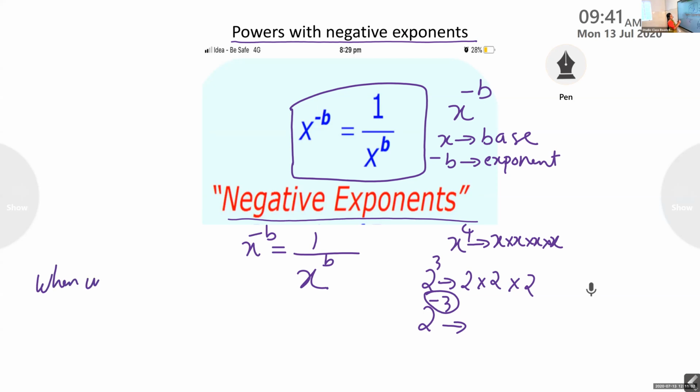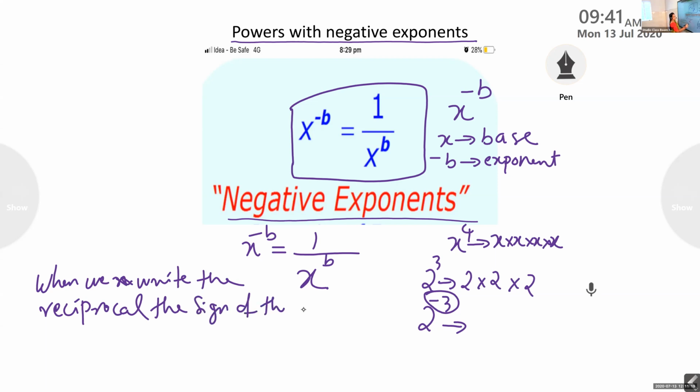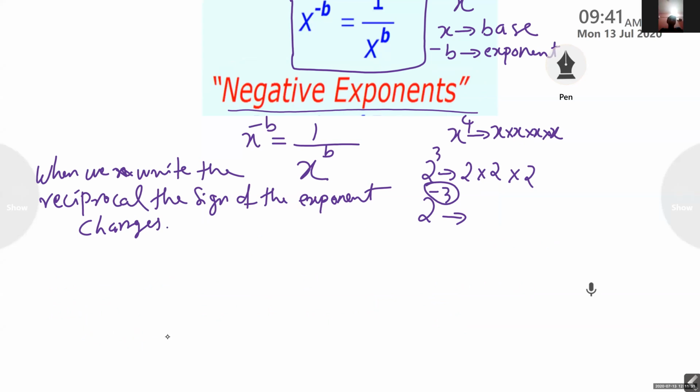When we write the reciprocal, the sign of the exponent changes.